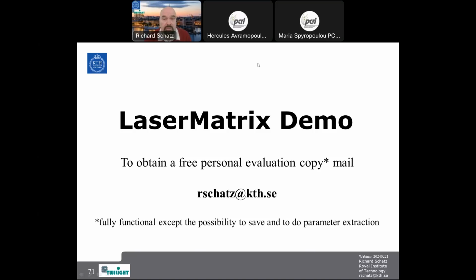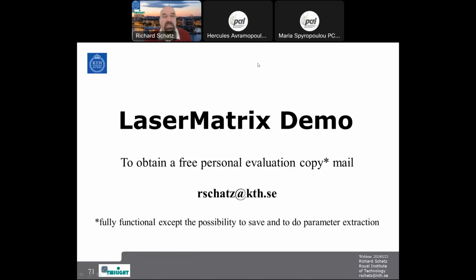Okay, thank you. If you have VPI, you don't really need LaserMatrix, I would say. LaserMatrix is an alternative to VPI in a way. VPI can also calculate these photon-photon resonances and everything. It's a very versatile program. But LaserMatrix is maybe more intuitive, much easier to use, and faster to design a laser than VPI.